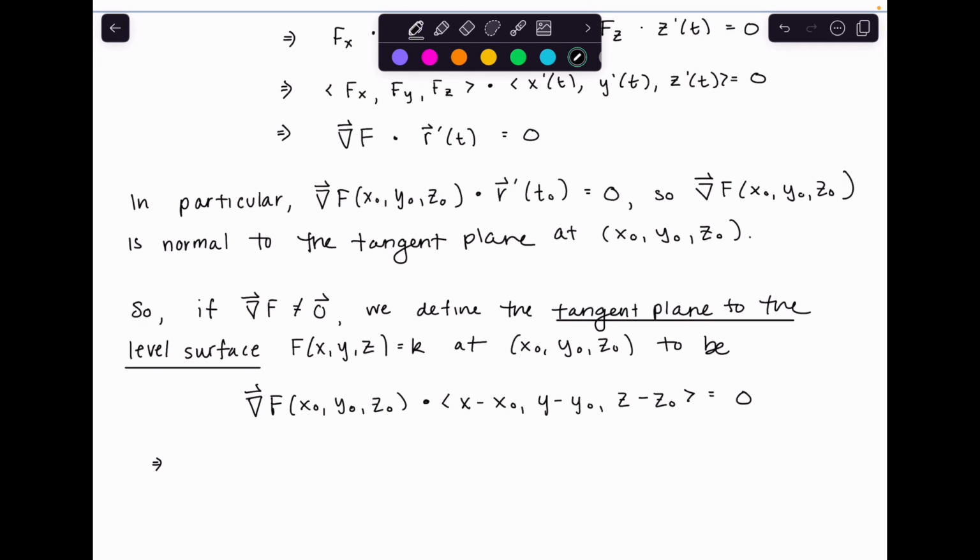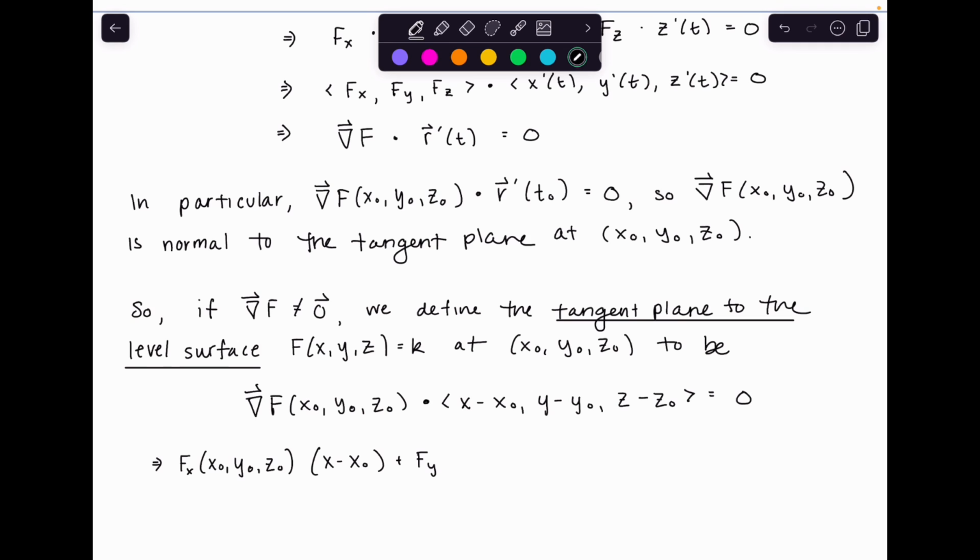Really, all that means is the components in front of x minus x naught, y minus y naught, z minus z naught are the partial derivatives evaluated at those points. The first piece is the partial with respect to x, evaluated at that point, times x minus x naught.